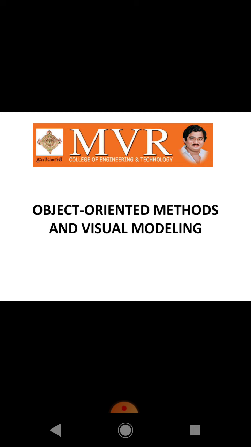People like drawing pictures to explain something to others or to themselves. When they do it for a software system, they call these pictures diagrams or diagrammatic models, and the notation for them a modeling language.